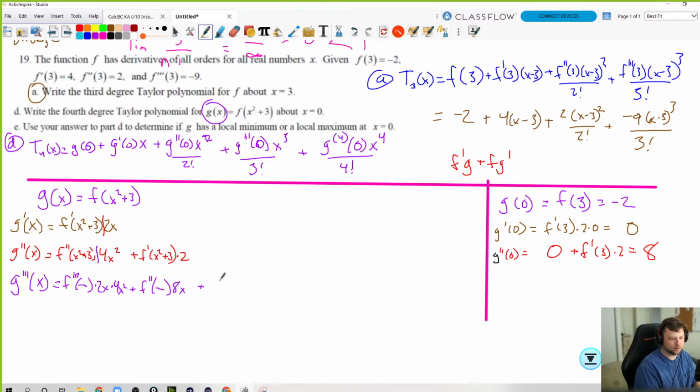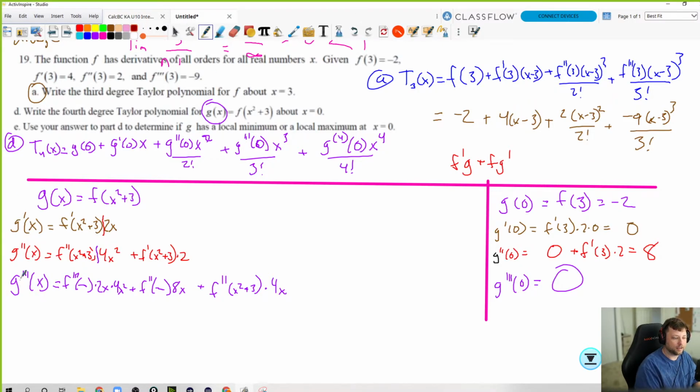And then the derivative of this is going to be f double prime of x squared plus 3 times 2 times 2x, so it'll be times 4x. All right. If you plugged in 0, what would end up happening? This is going to go to 0. This is going to go to 0. And this is going to go to 0. All the terms zero out.